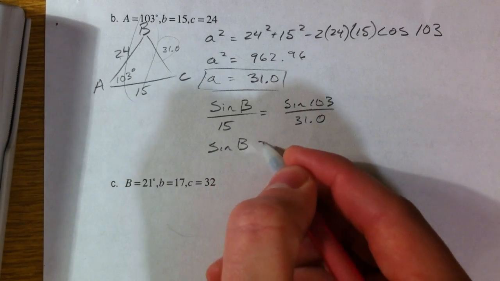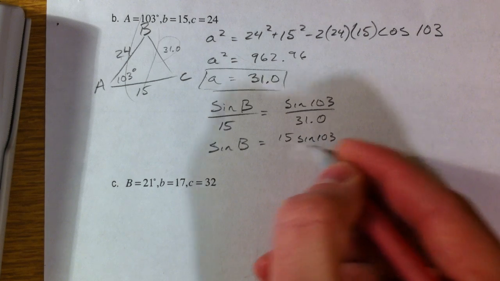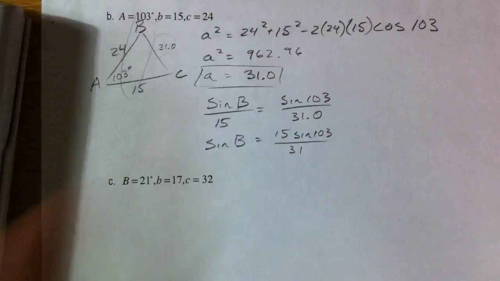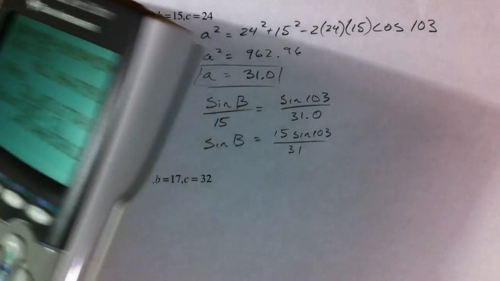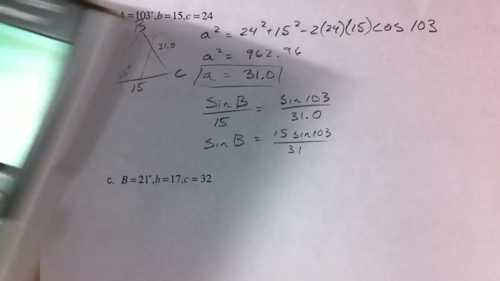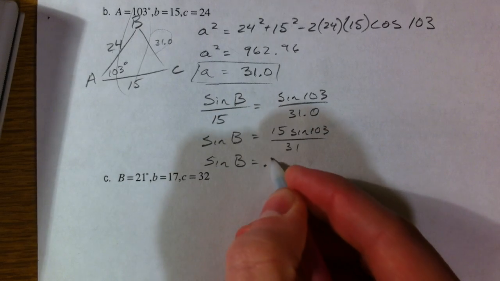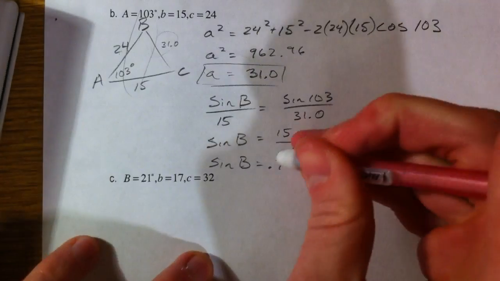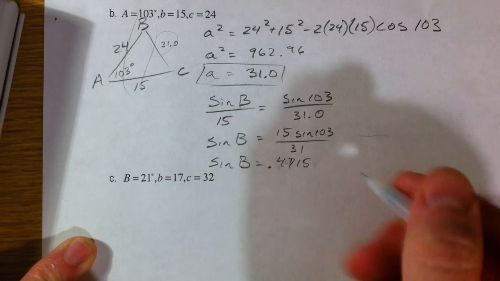Sine B is equal to 15 times the sine of 103 over 31, which is 0.4715.